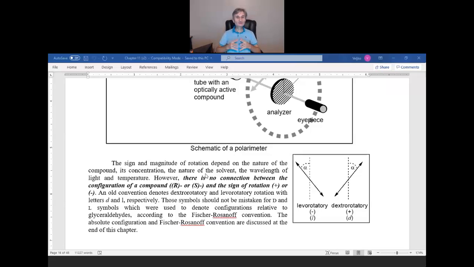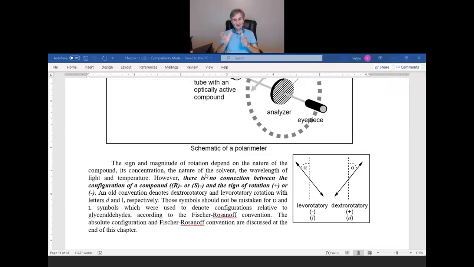Also, to determine rotation, we need to carry out at least two measurements, because as you know, a full circle has 360 degrees. And so, the way we see rotation, we can see actually 180 degrees one way or 180 degrees the other way. So we need to carry out at least two measurements with two different concentrations.